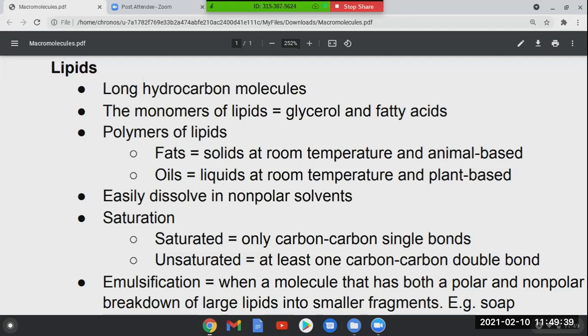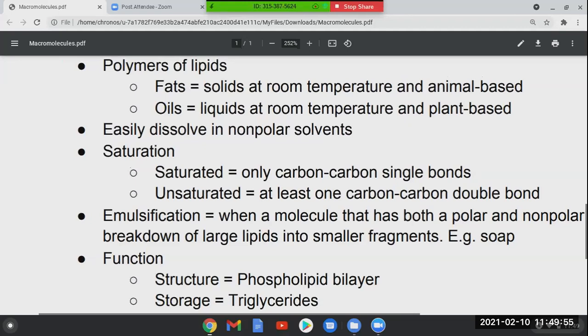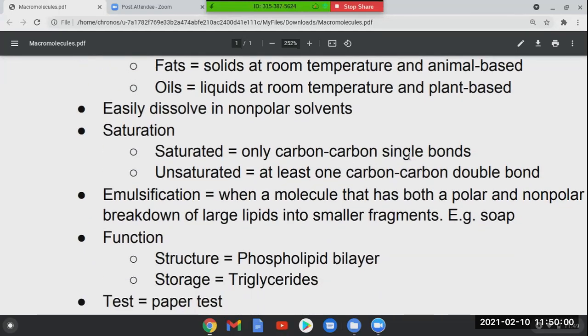When you think of lipids, there are certain topics that come up associated with them. The first one is the degree of saturation of the molecule. When we say a certain lipid is saturated, we are talking about the presence of carbon-carbon single bonds. So if a certain fat is saturated, we are saying there are only carbon-carbon single bonds in there.